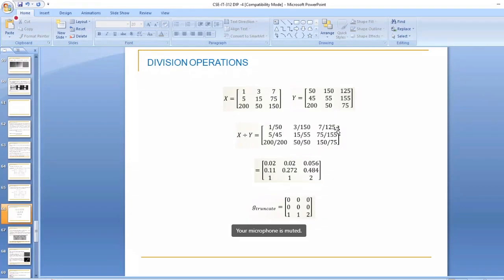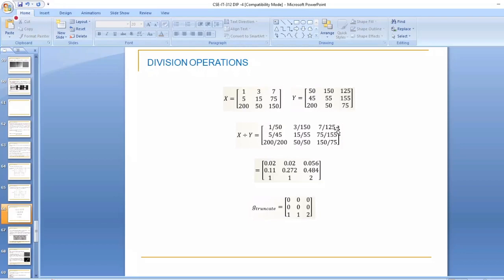Similarly, 5 divided by 45, 15 divided by 55, 75 divided by 155 in the second row. Similarly, 200 divided by 200, 50 divided by 50, 150 divided by 75 in the third row.